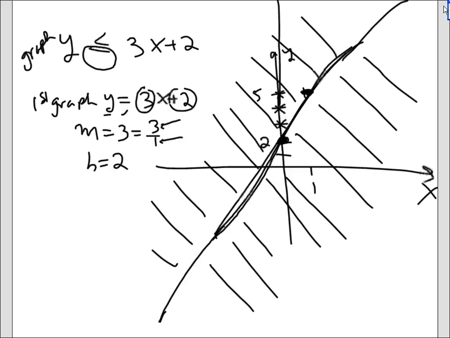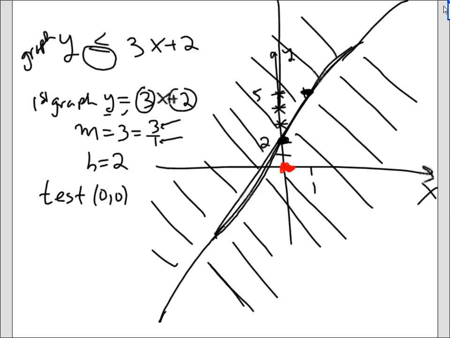So we want to pick a point that we know which half of the line it's on. And it's pretty clear to me which half of the line the origin is on. So we're going to test the origin, (0, 0).